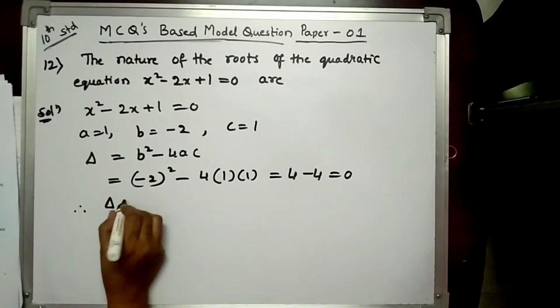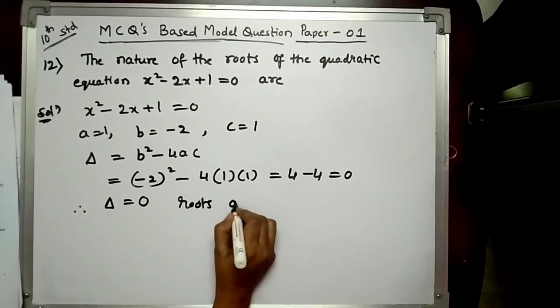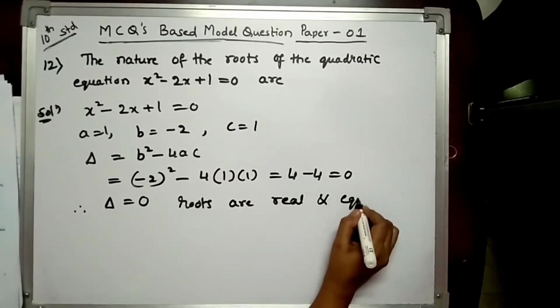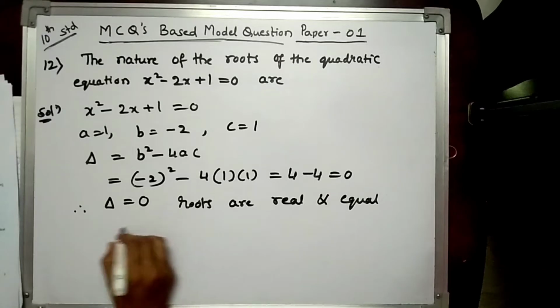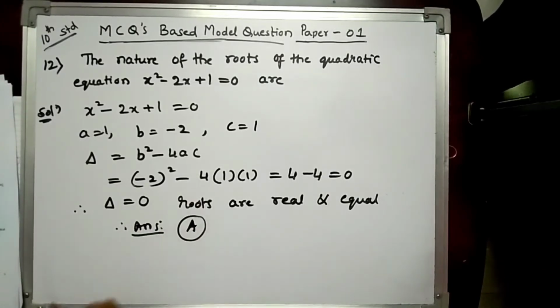When delta is equal to 0, the roots are real and equal. So the answer is option A, roots are real and equal.